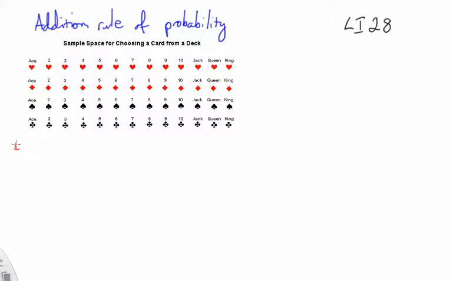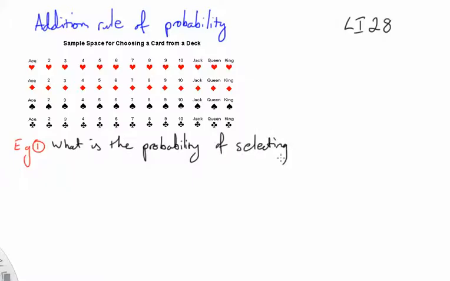My question is going to be, what is the probability of selecting at random a queen or a heart? So you choose a card at random. What's the probability that it's a queen or it's a heart?